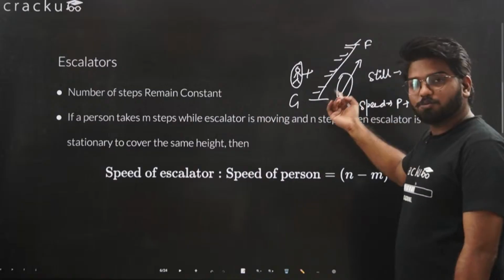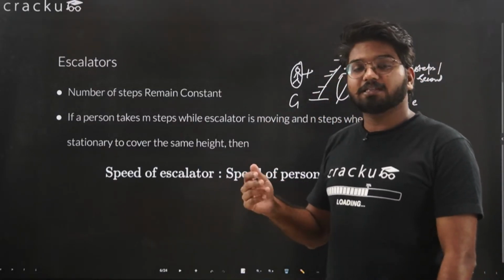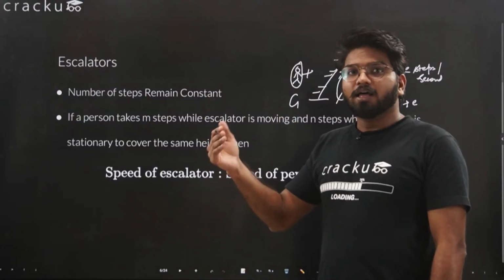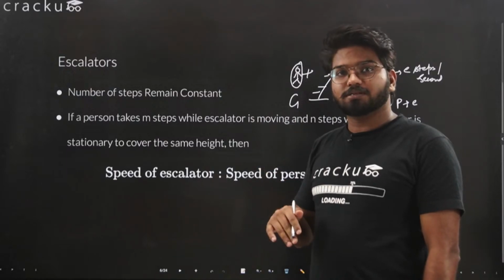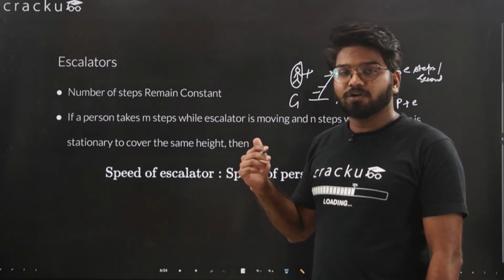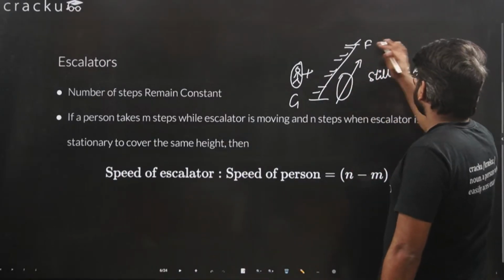That is, if the person is moving in the direction of the escalator, the speed at which the person will reach will be the sum of the speed of the person and the speed of the escalator. And there is an opposite case also.